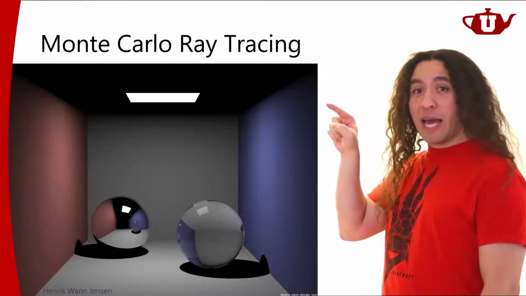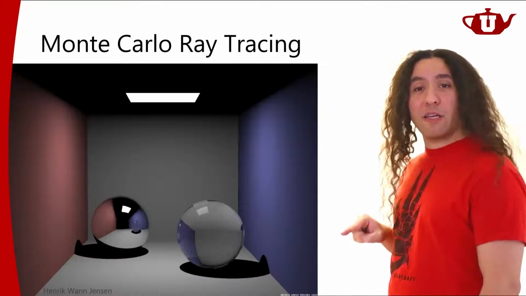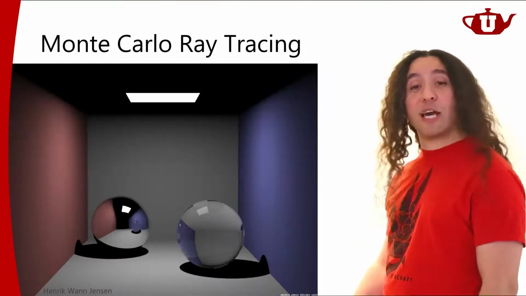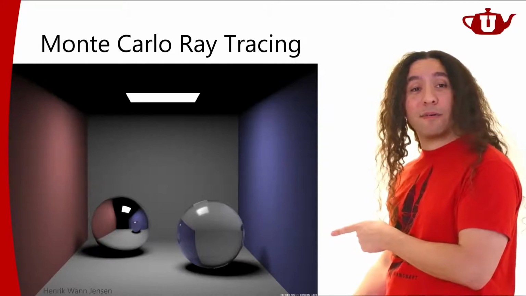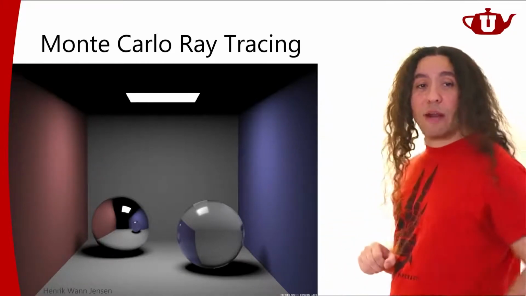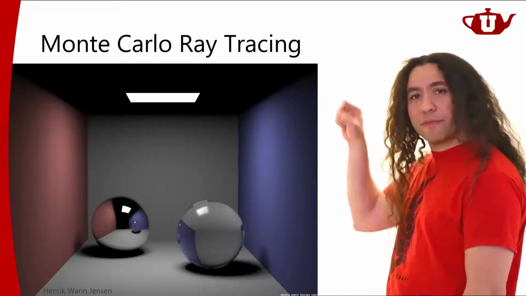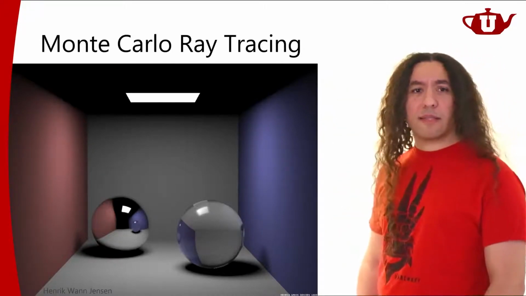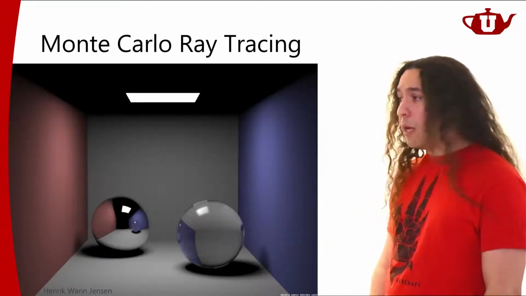Light sources that have some size are not going to create crisp shadows like this. They will create shadows that look more like this, right? So they will have softer edges. And this is really a function of how big the light source is.